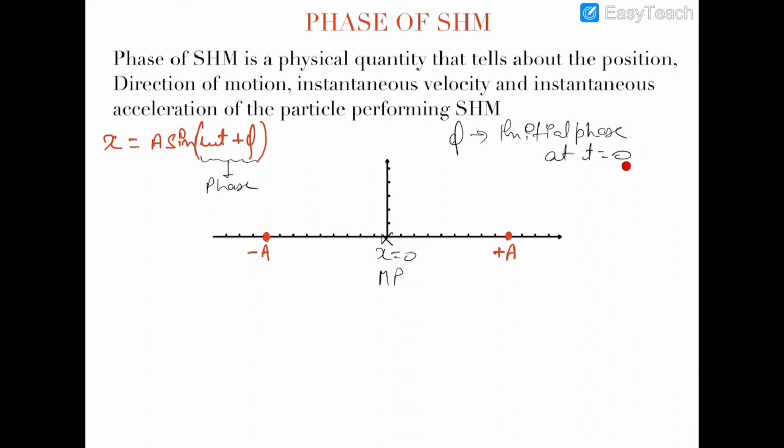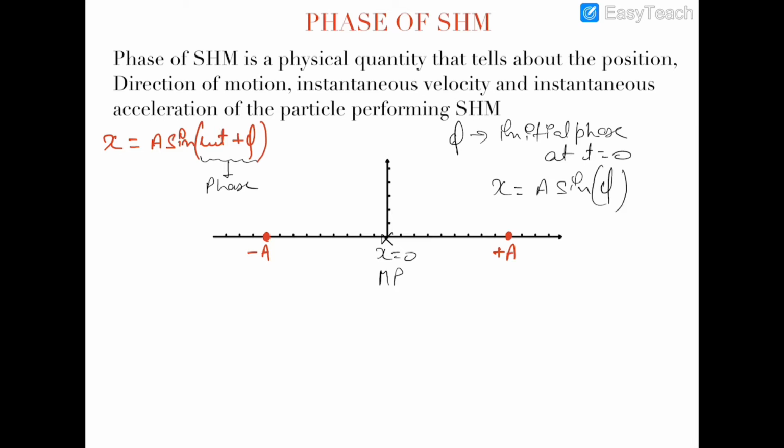And if you substitute the value of time as t equals 0 in this phase, then this term reduces to only phi. So if we substitute t equals 0, then x would be equal to a sine phi only.